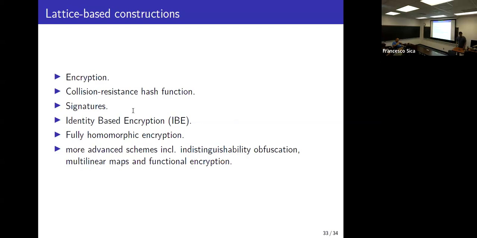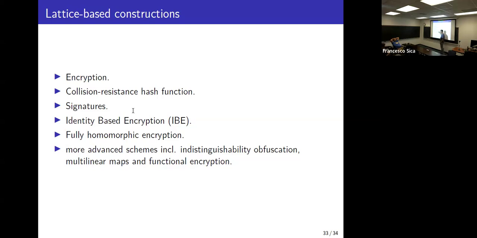Okay, it took a lot of time, so I'm going to give a summary. We talked about encryption, and whether you can construct all of this into the functionality. For example, you can do the signature, and there is a hash function. What is nice is you can use lattices to do some advanced functionality.